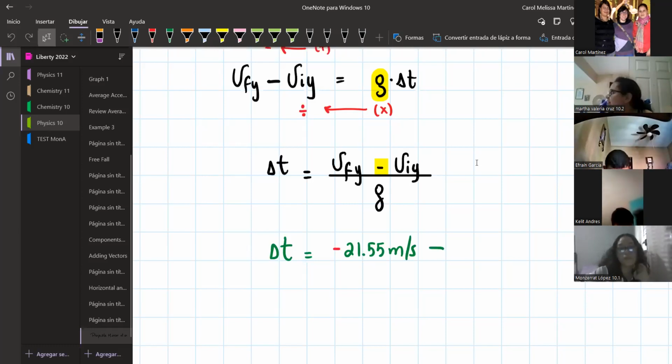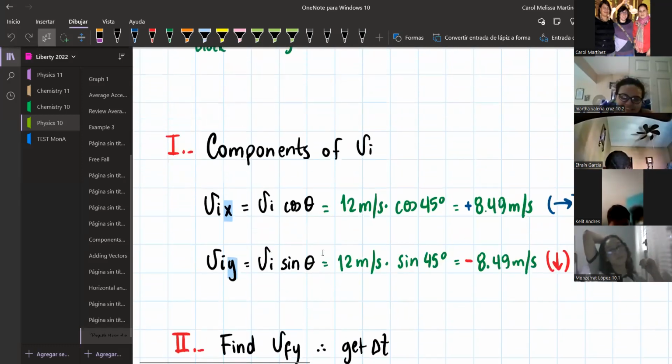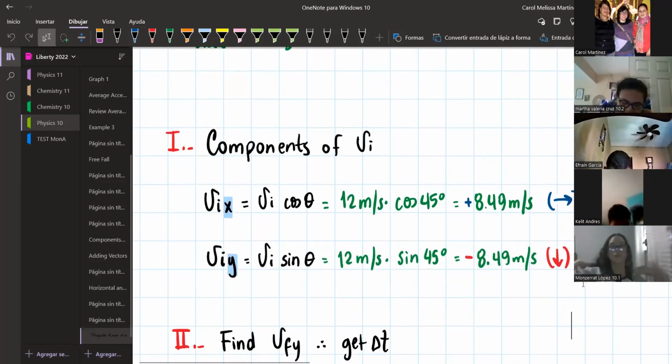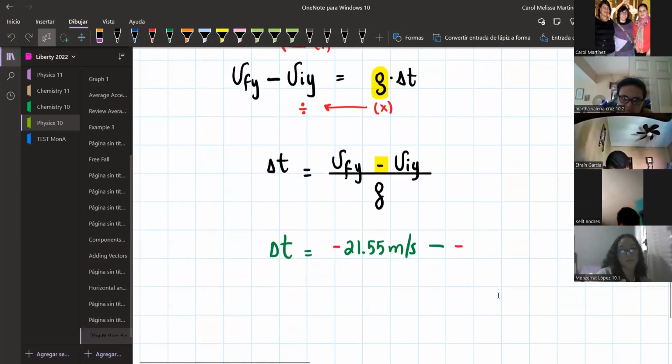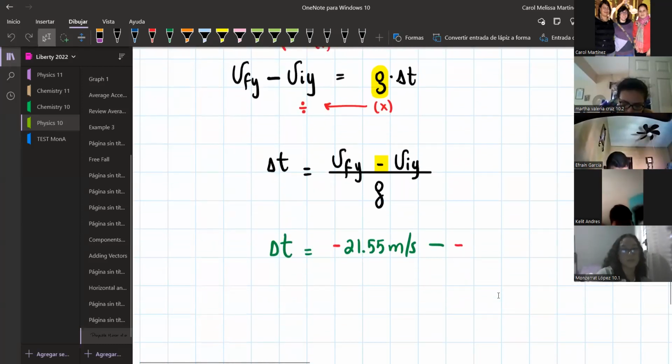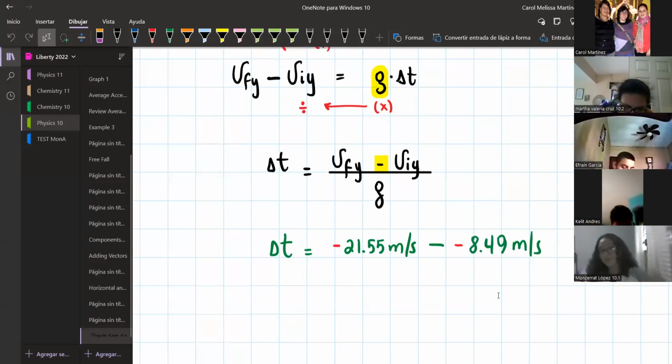Now the initial velocity in y is negative. If you remember, initial velocity in y is this one, and it gave us negative 8.49. So I'm going to replace it here: negative 8.49 meters per second. And as you can see, we have minus and minus over here. So you know that whenever we have a minus and minus, it's going to turn into a positive symbol.